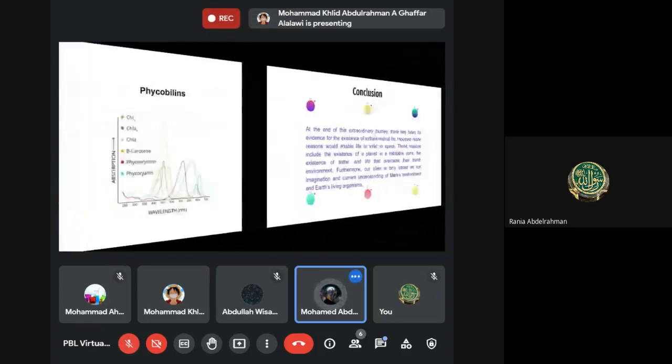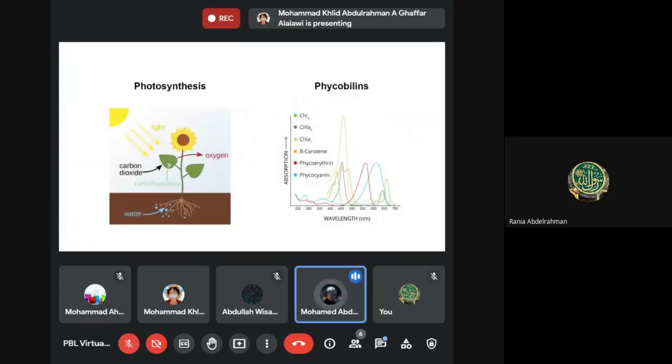And the second type of anabolic pathway we're going to use is phycobilin pigments, which will enable our alien to absorb from a wider range of the light spectrum, and this will give our alien a greater chance of getting more energy.